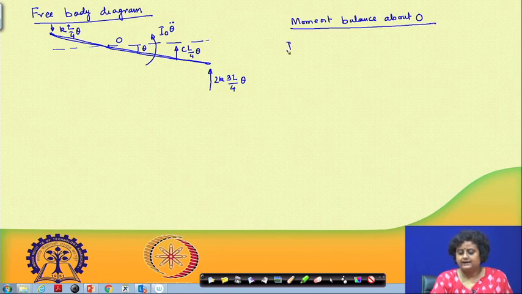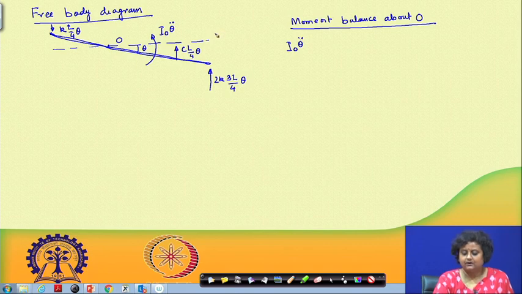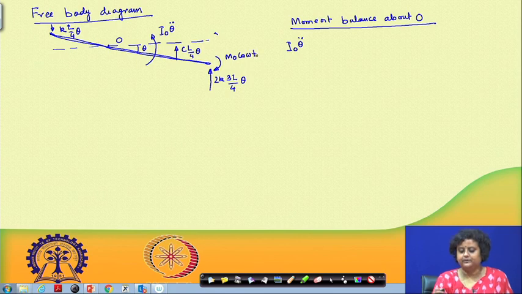I get I_O theta double dot, and sorry, I missed out drawing the externally applied moment, which is M0 cos omega t.